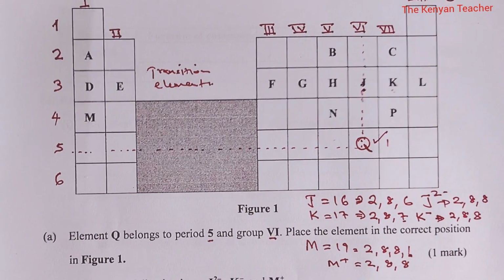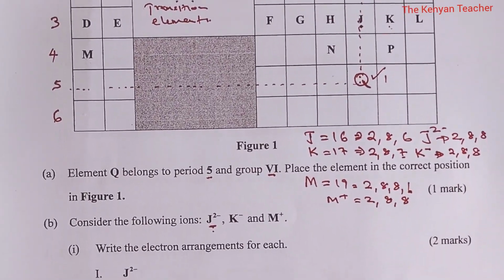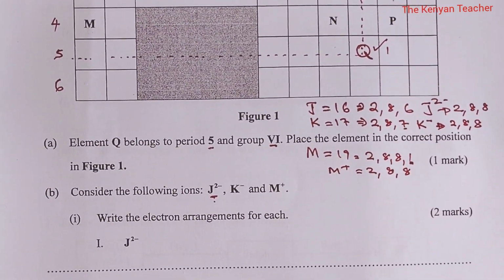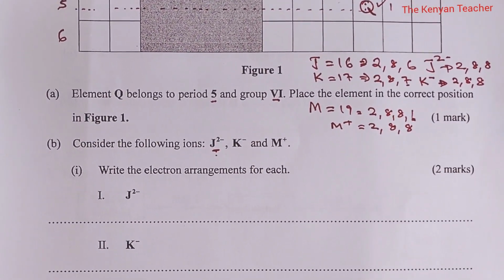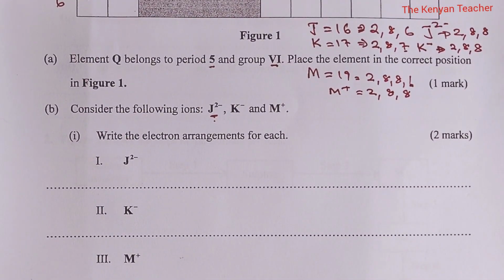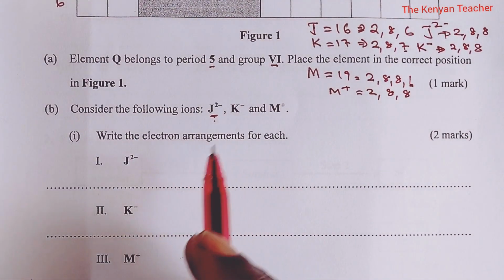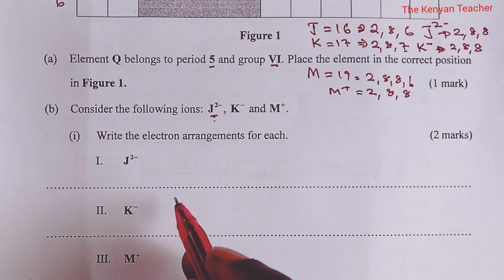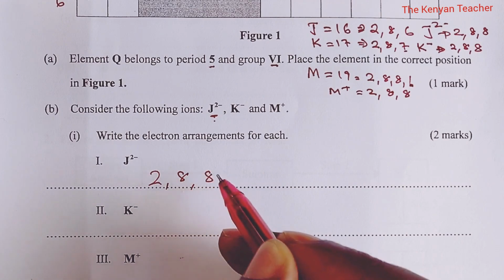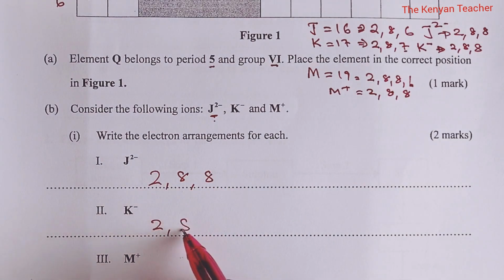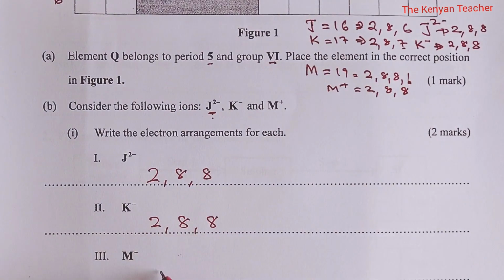So, to the first question for part B, after considering the elements and their ions like we've done, we were then told to write the electron configuration for each. And as we've agreed, all of them would have a configuration of 2, 8, 8, depending on how they form the ions.